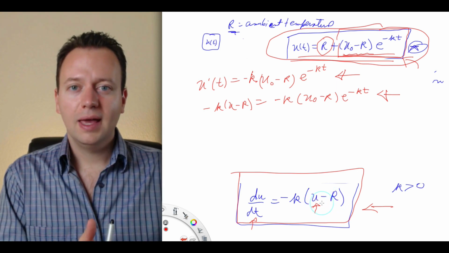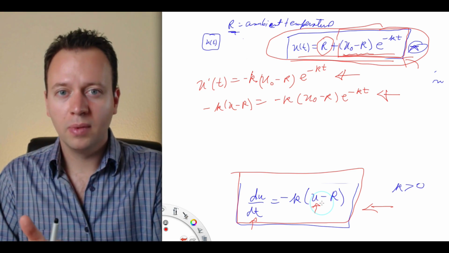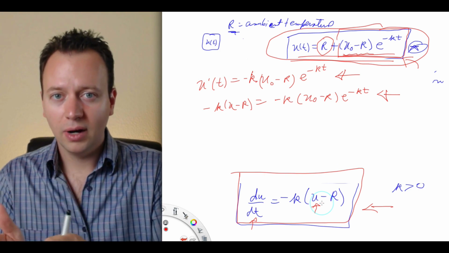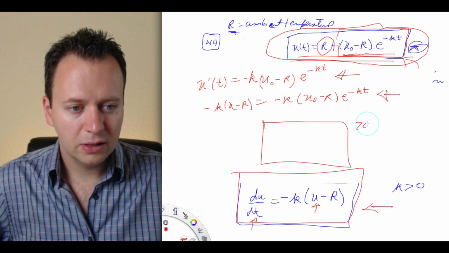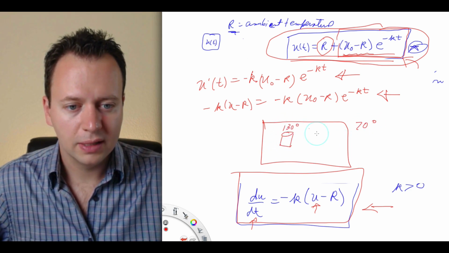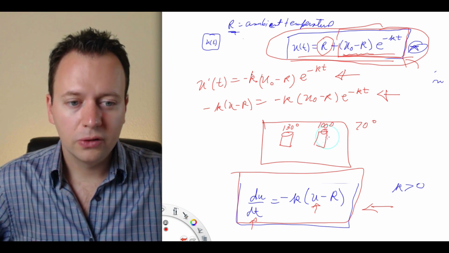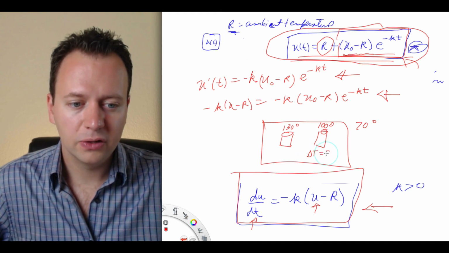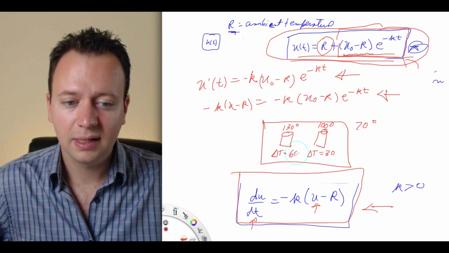So if you have a 70-degree room, and one cup of coffee is at 130 degrees and another is at 100 degrees, the temperature difference on the second cup is only 30 degrees, and on the first cup is 60 degrees.